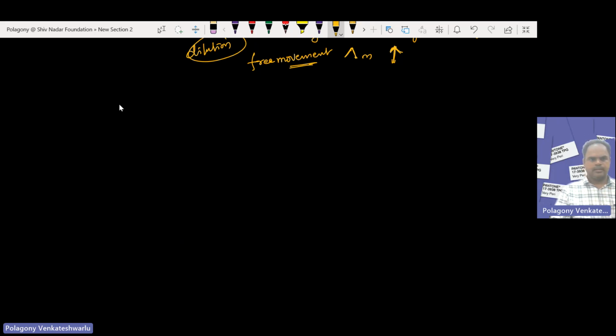We can see this by plotting the graph of molar conductivity versus the concentration of electrolyte.